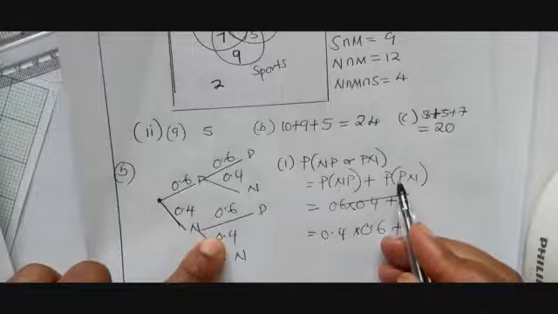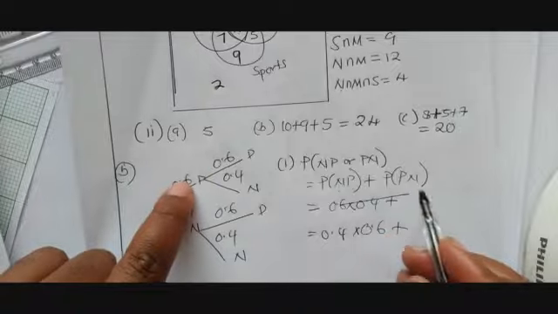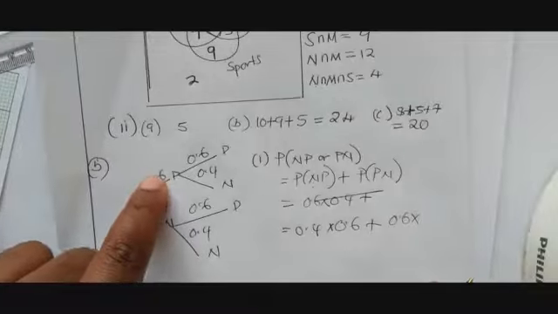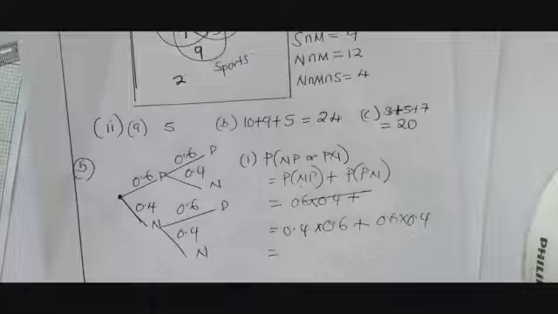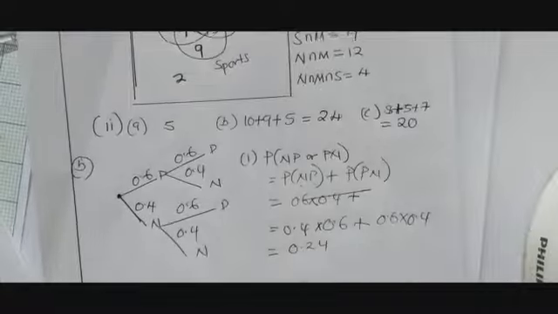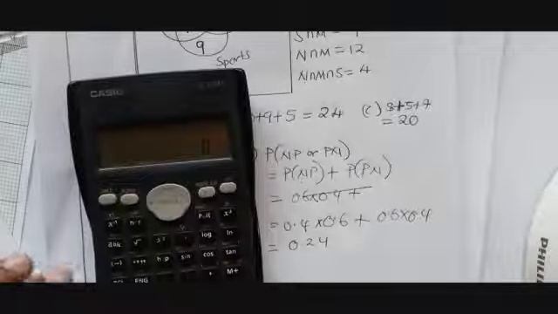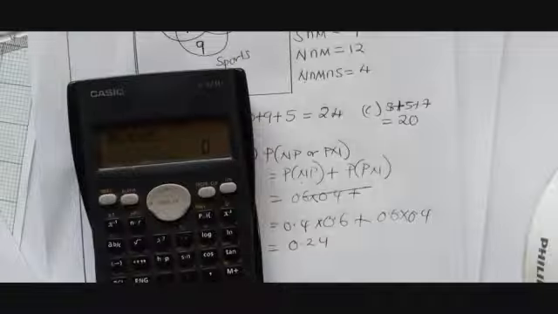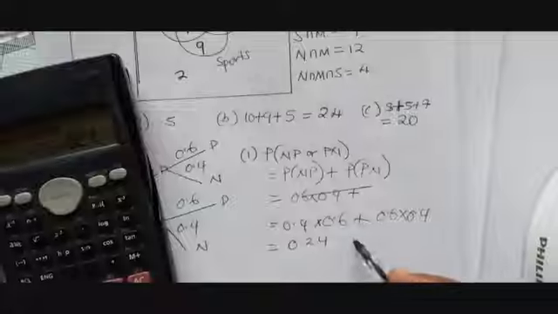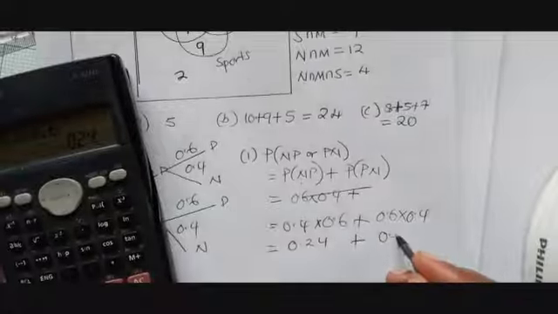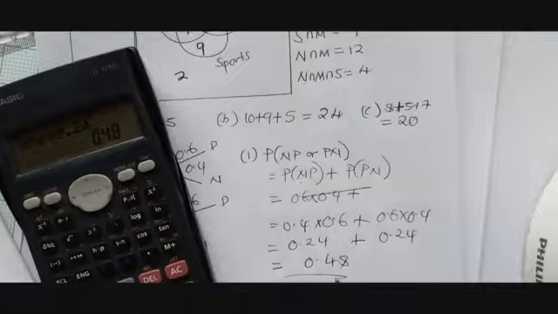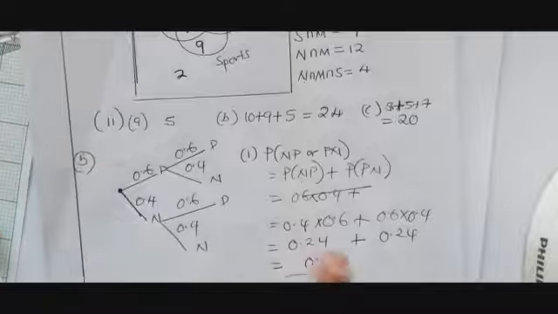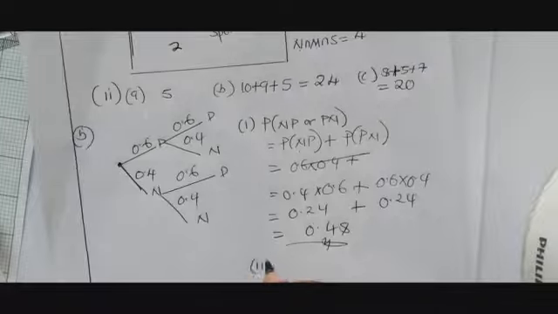Plus the probability that a patient tested positive, 0.6, times that they test negative, 0.4. You can multiply that, and this is 0.24. If you are not sure, you can utilize your calculator. 0.4 times 0.6, this is what you are going to get. Even here you have 0.24. When you add what you get, 0.24 plus 0.24, you get 0.48. This is your probability. Roman numeral 2.